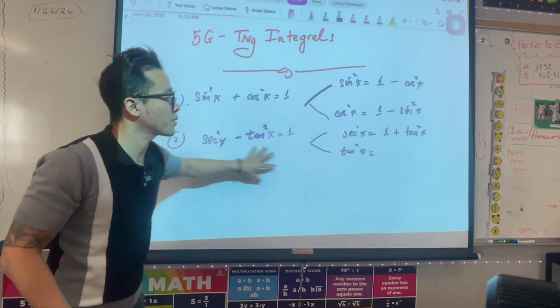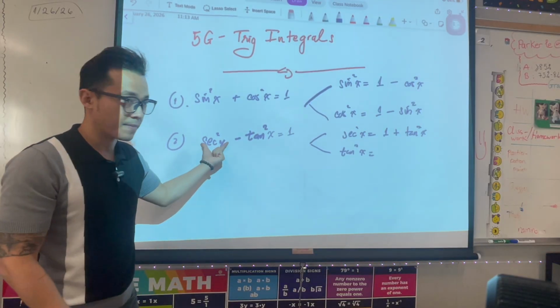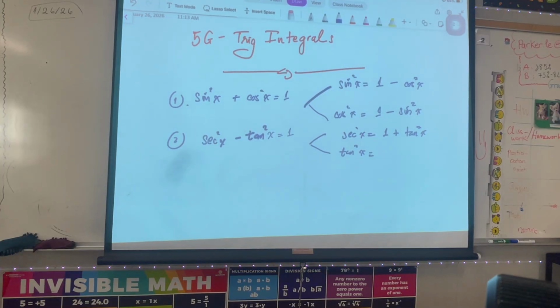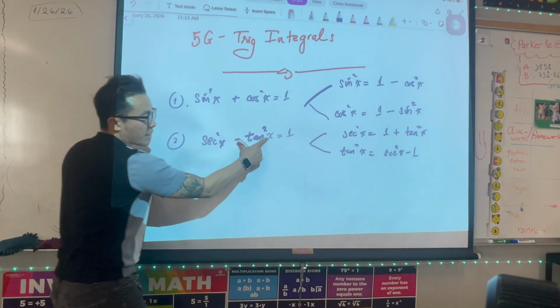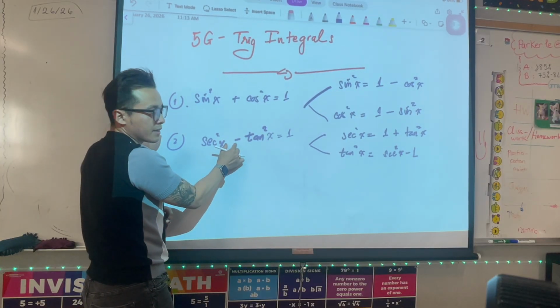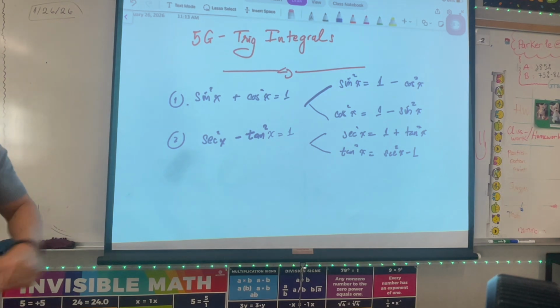Whenever you move around the side, the sign is going to change. So tangent square equal to secant square minus 1. Okay, from here.